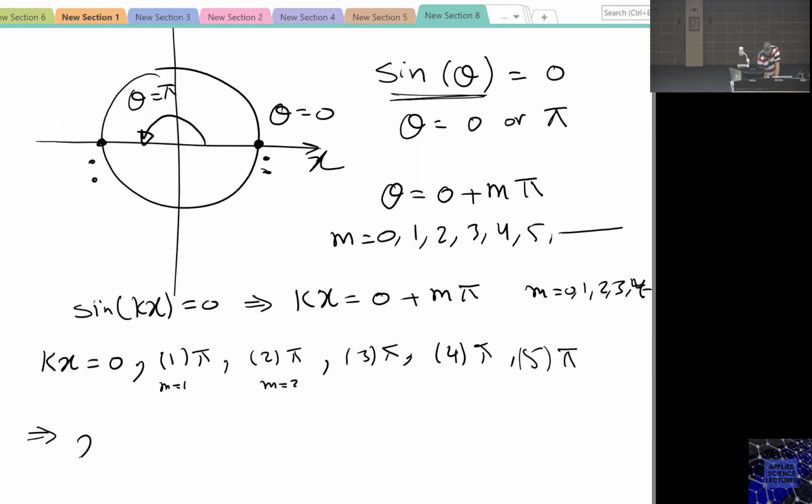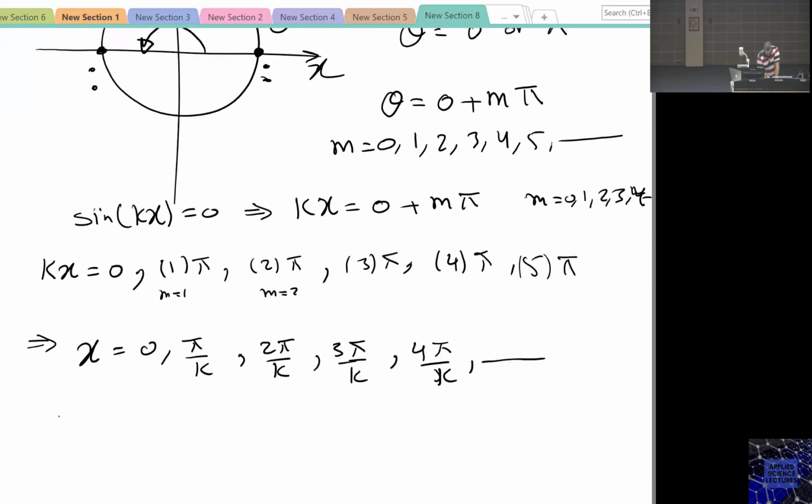Then x equals 0, pi over k, 2 pi over k, 3 pi over k, 4 pi over k. K is 2 pi over lambda.